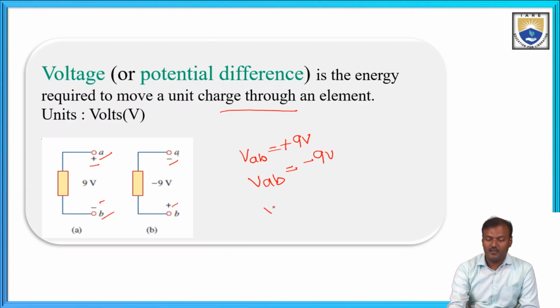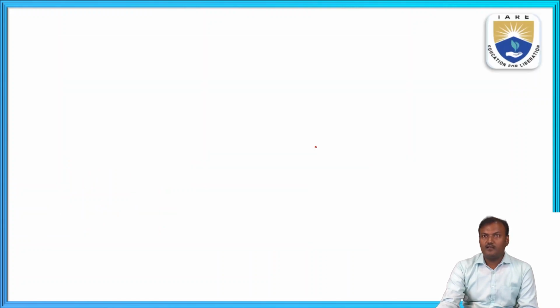So we can say that VAB is equal to minus VAB in the second case. So based on the representation of polarities, the positive and negative values are going to vary.